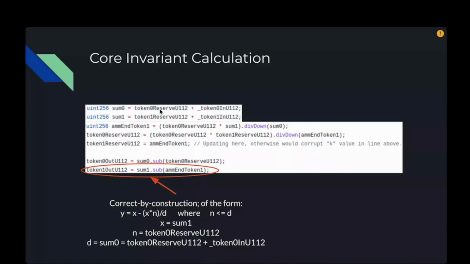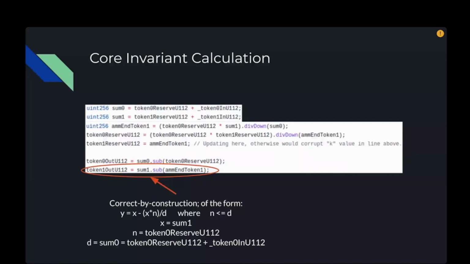So AMM in token 1 is at most sum1. So sum1 minus at most sum1 is at least 0, right? So that's correct by construction. You could remove that subtraction and be in good shape.